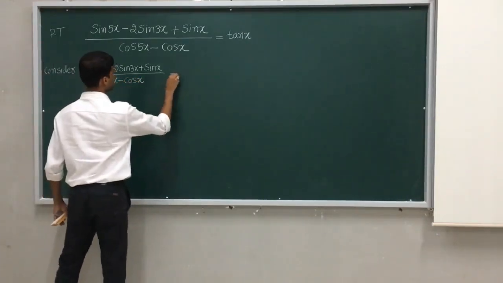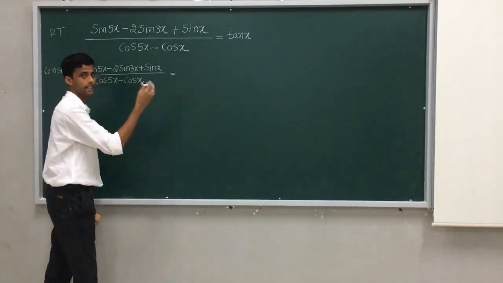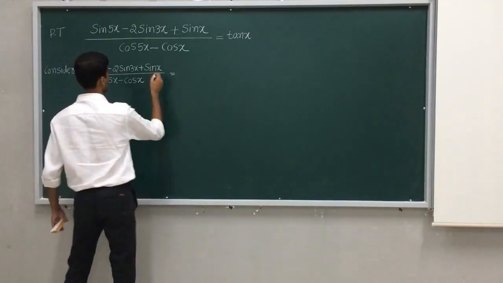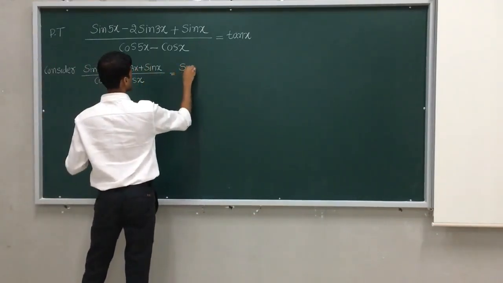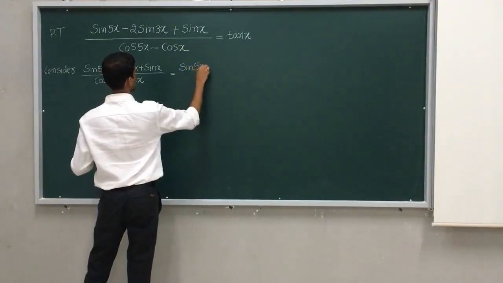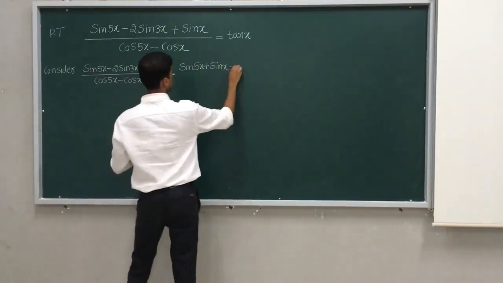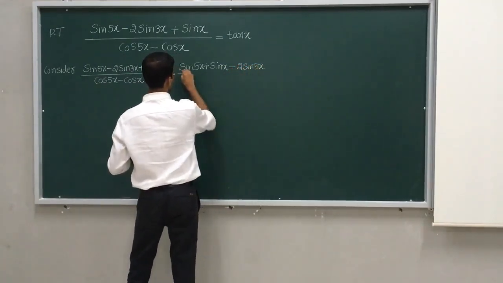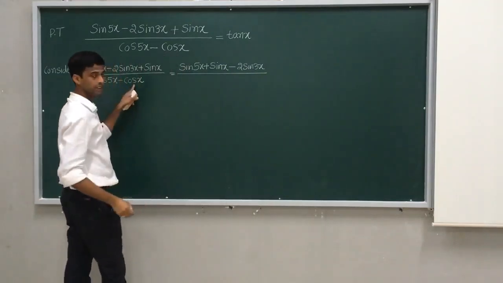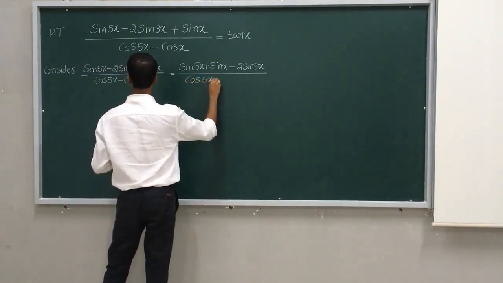What I will do, you have two options. Either you split minus 2 sin 3x as minus sin 3x minus sin 3x. I'll write it by making one group, that is sin 5x plus sin x, and keep the other as minus 2 sin 3x. Denominator, no problem for us, so I'll write cos 5x minus cos x.